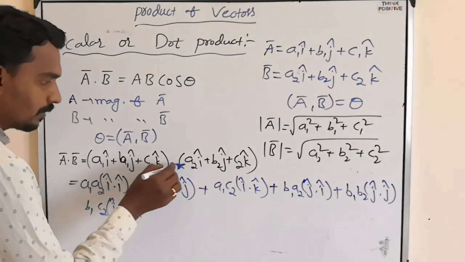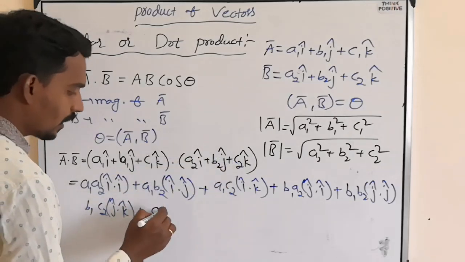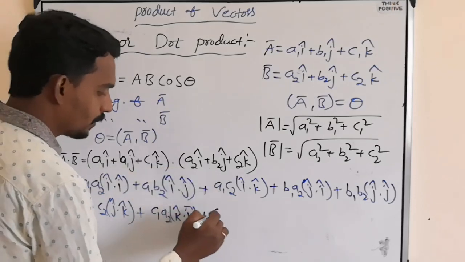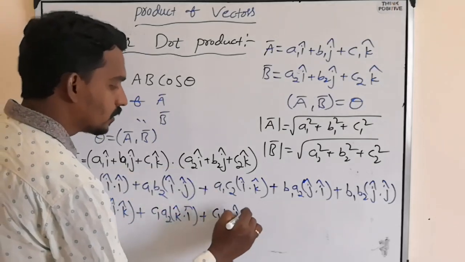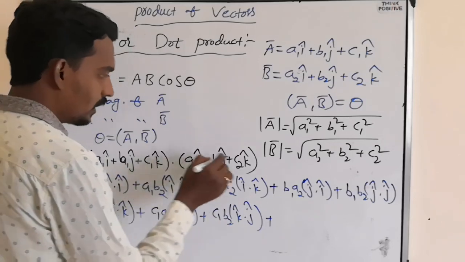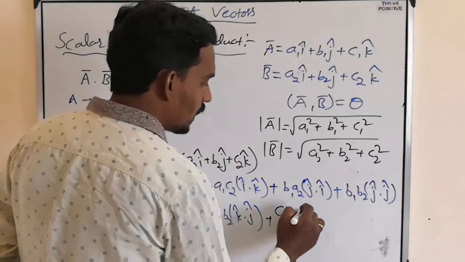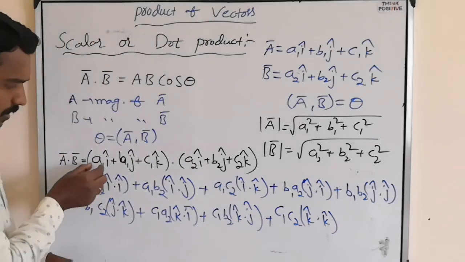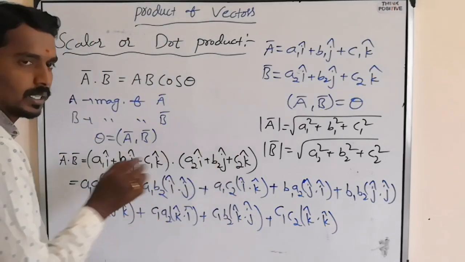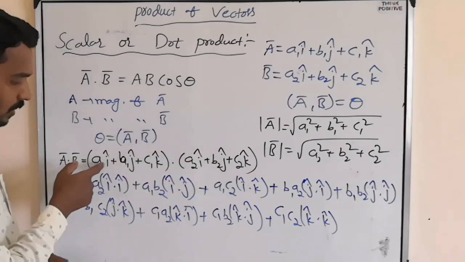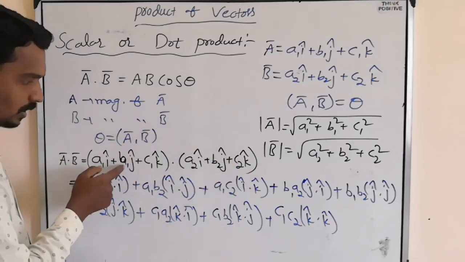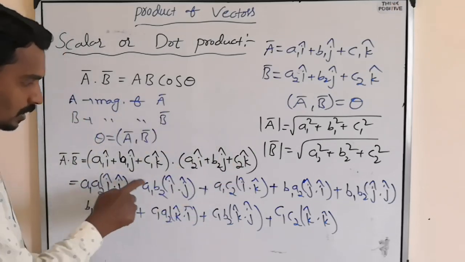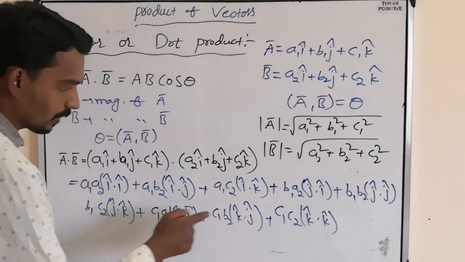Plus c1 with these three: c1 a2 k dot i plus c1 b2 k dot j plus c1 c2 k dot k. So 3 threes are 9 terms should come. 1, 2, 3 with this, 1, 2, 3 with this, 1, 2, 3 with this, a total of 9 terms.